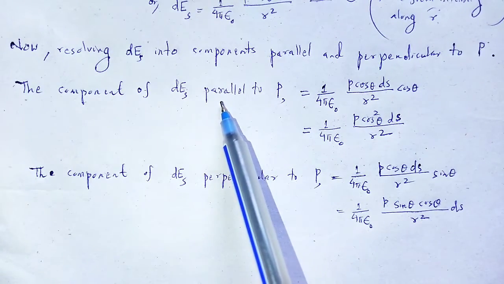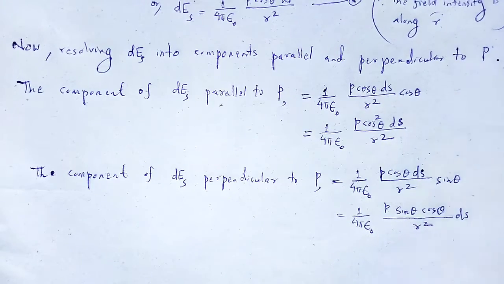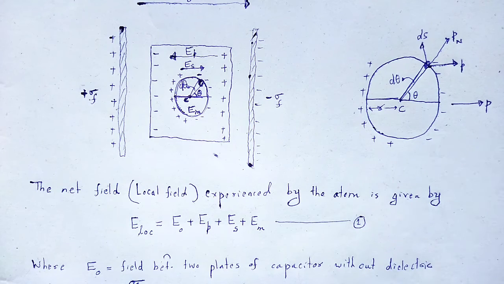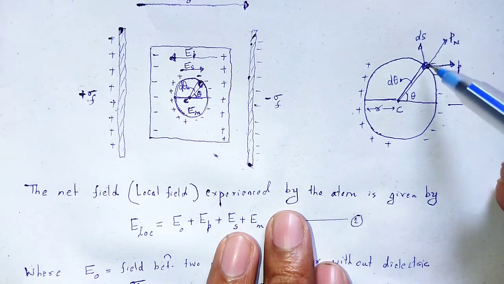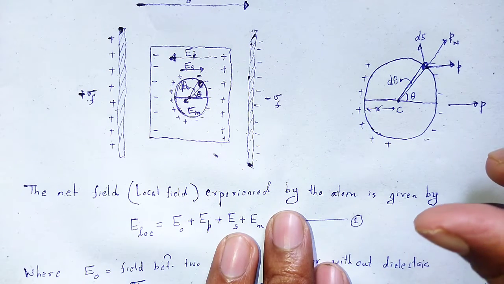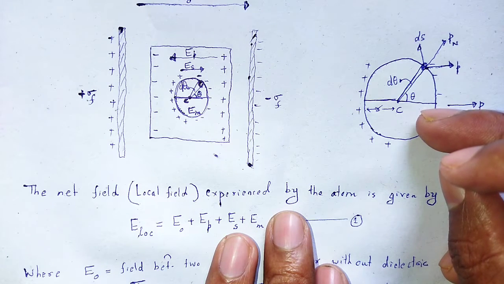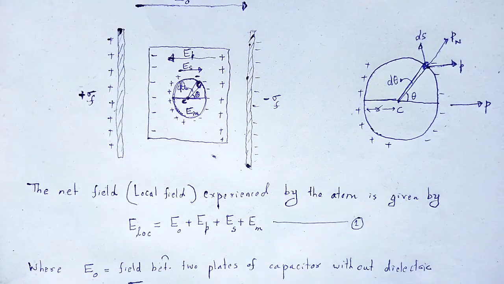One is the parallel component, another one is the perpendicular component. Look at that figure. If we choose the perpendicular components, one is up, another one is down due to symmetry, and these perpendicular components cancel each other out. Only the contribution is due to the parallel components.